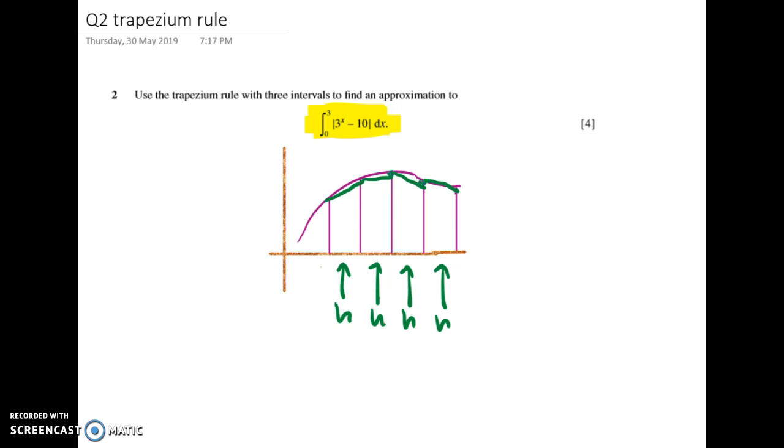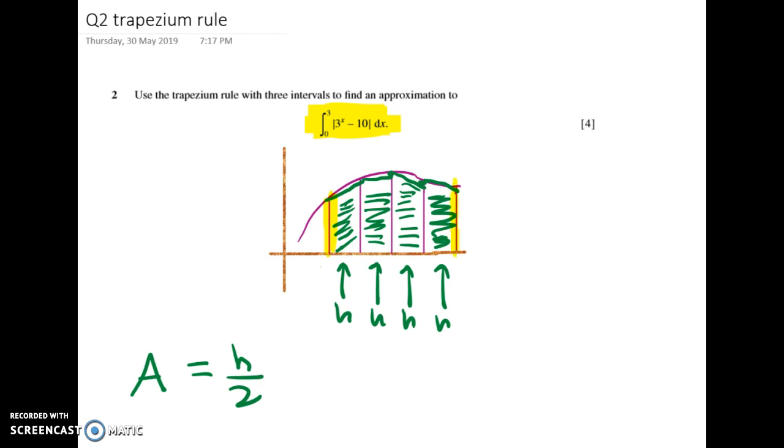So my formula for the trapezium rule will be given to you, but you won't need it because hopefully what you can see is that the area is going to be approximated by adding up, in this case, these 4 trapezia, right? And if you think about what's going to get counted in there, this wall here is going to be in only one of the trapezia, and so is this wall of the trapezia here.